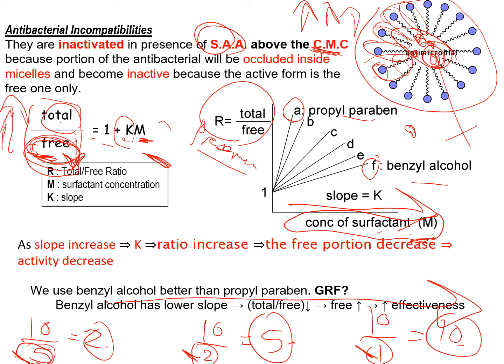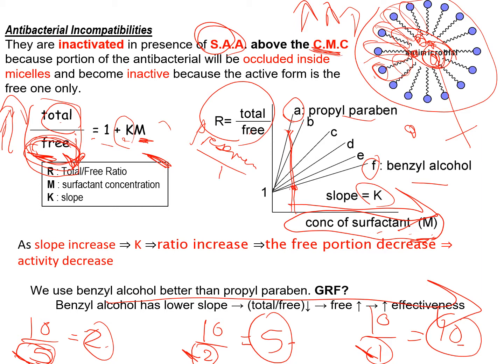So if you think like that, don't forget that K is the slope at the same concentration, at the same M. So let's think at this level. Here at the same M, let's start with, for example, propyl paraben. For propyl paraben, the slope is higher than the slope of benzyl alcohol.